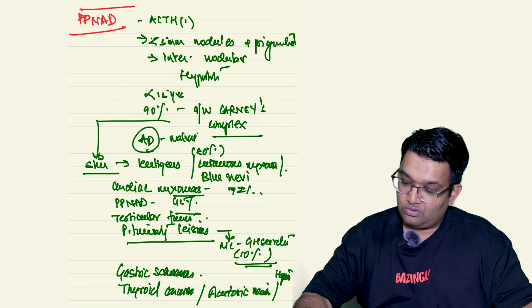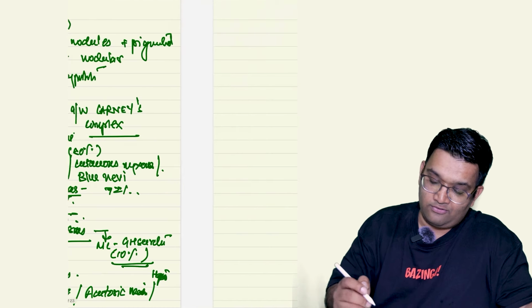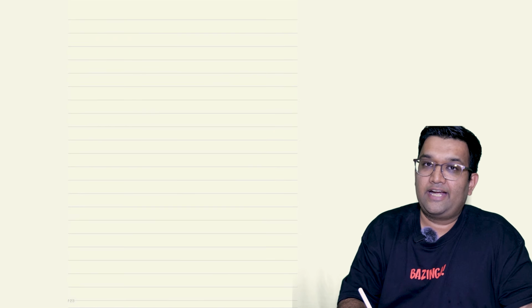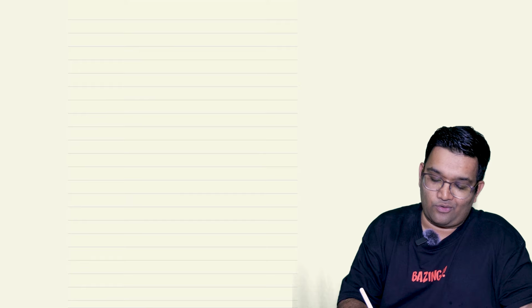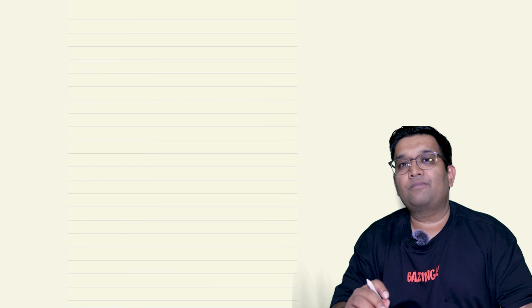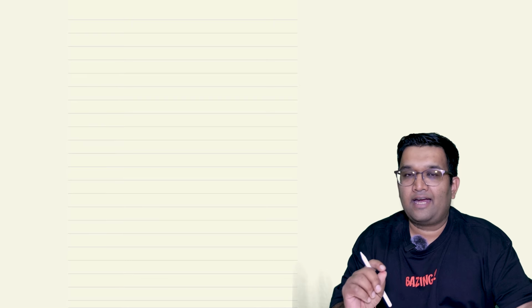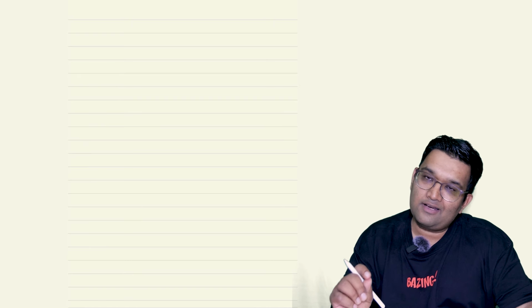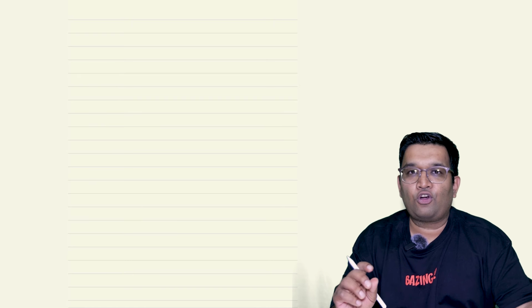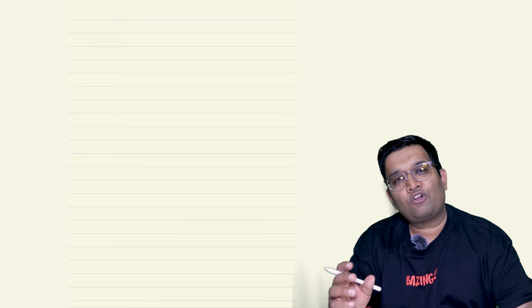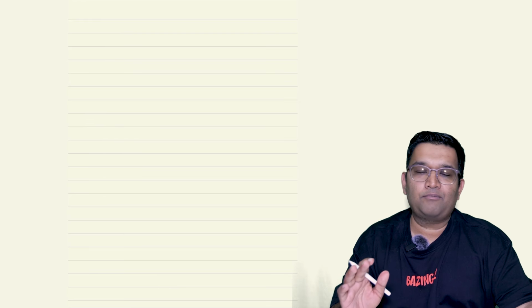Now coming on to the other causes of ACTH independent Cushing syndrome. We have discussed some in brief, ACTH independent causes such as adrenal adenomas, adrenocortical carcinomas, then followed by PPNAD. We have also briefly discussed McCune Albright.